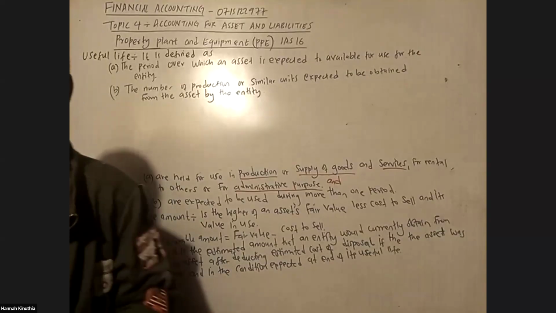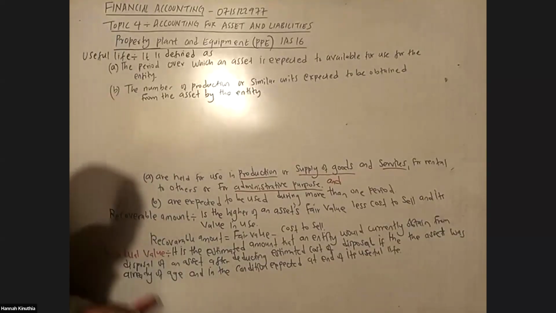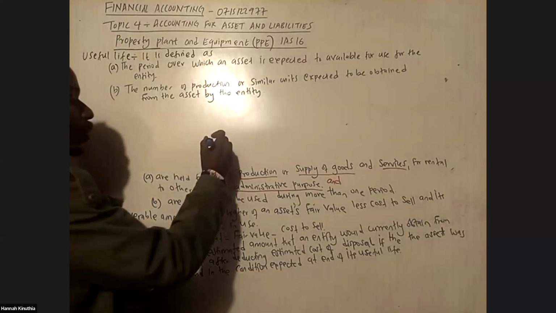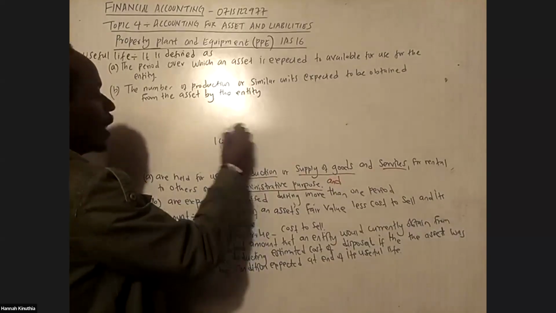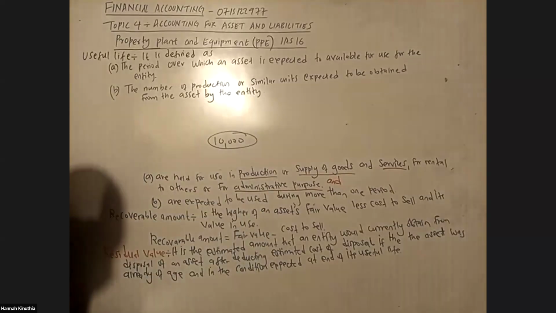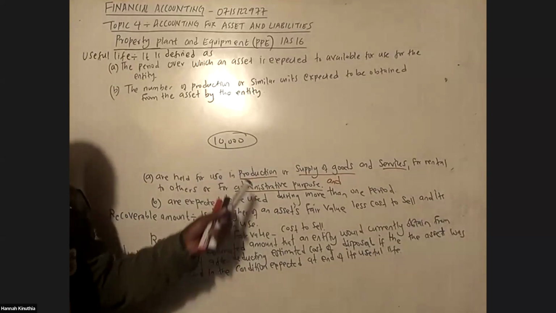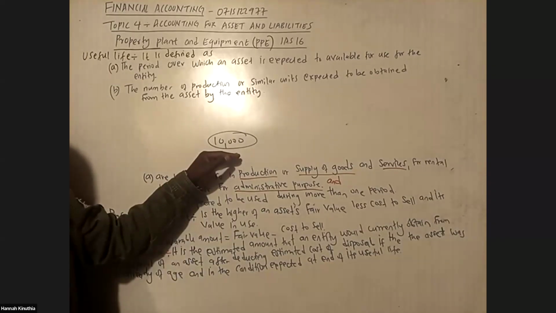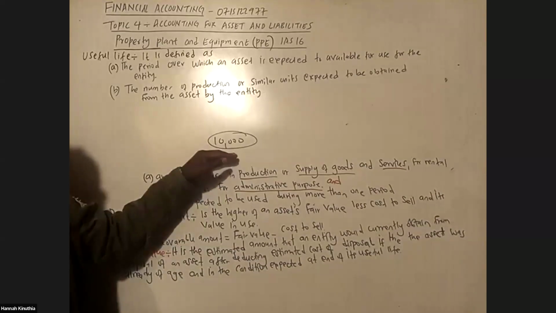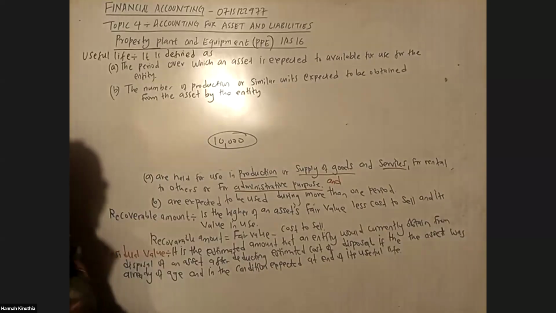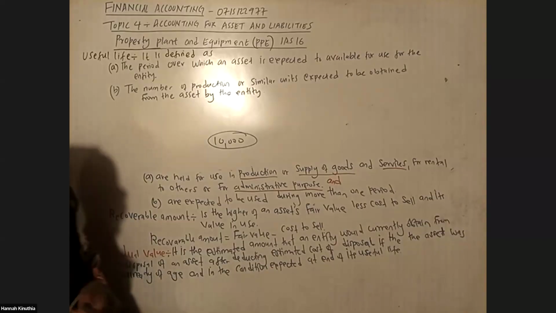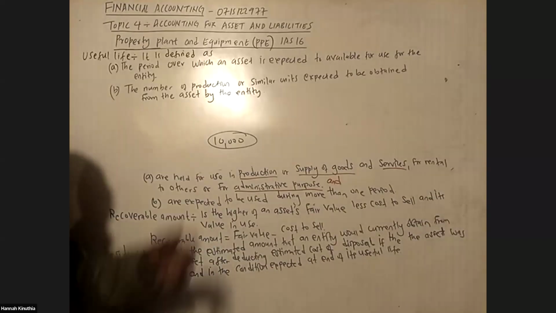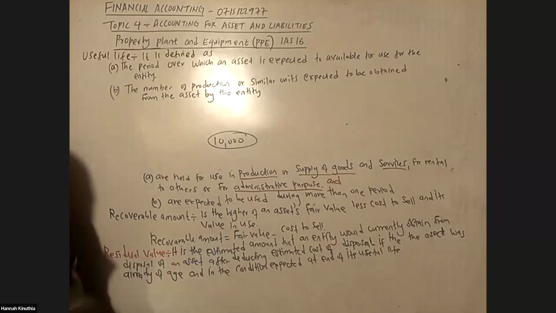If you expect to use the asset and obtain 10,000 units, then once you obtain all these units, the asset will be considered as scrap, and we categorize that as the end of that useful life. But in most cases, we go with the years.